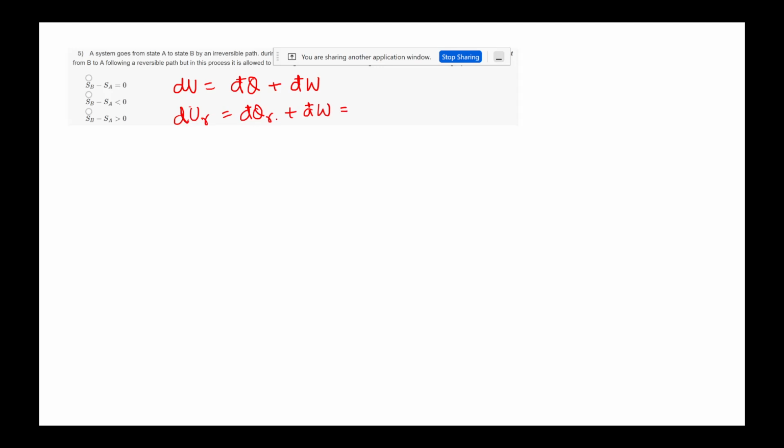Since we can write entropy in terms of reversible heat, the heat exchange in the reversible process, we can write it as TdS plus dW.